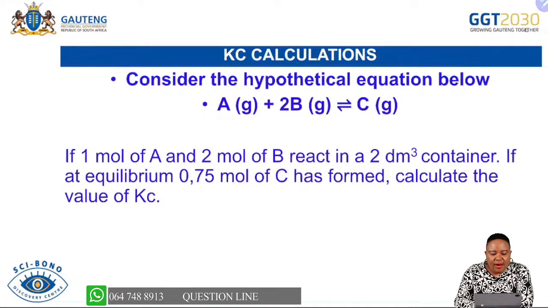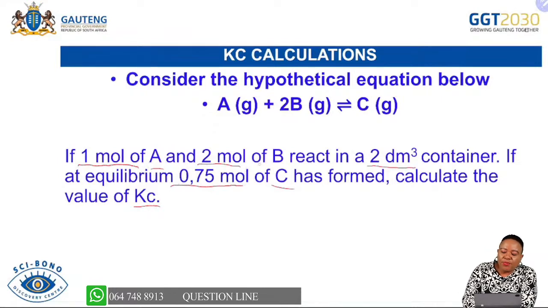Okay, this one we are not going to do, but it's almost the same concept. 1 mole of A and 2 moles of B react in a 2 cubic decimeter container. At equilibrium, 0.75 mole of C has been formed. Calculate Kc. So we are going to use, like we did in number 1, the table in order for us to be assisted to find the concentration at equilibrium.